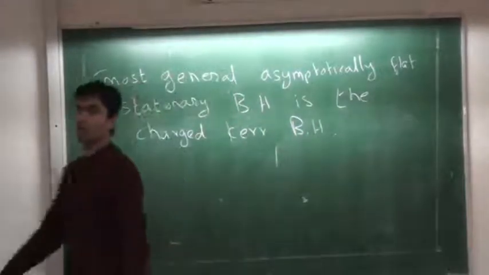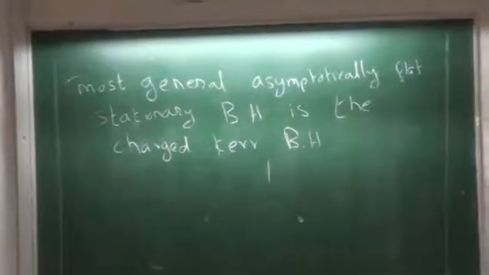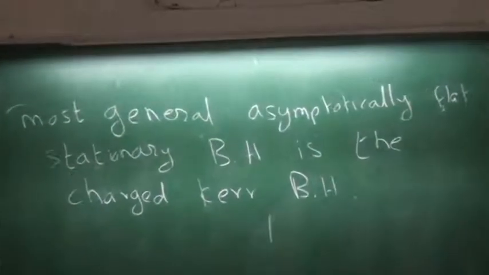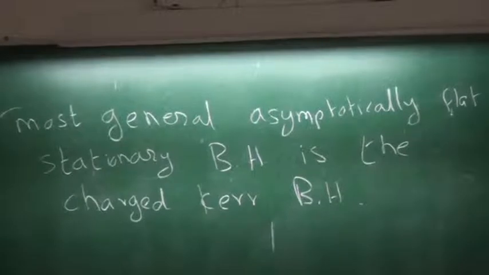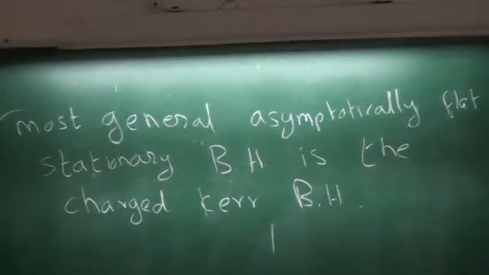This statement is called the no-hair theorem, and we won't go into the proof of the statement, but we'll take it as a fact that this is the case, and you can try and prove these results.